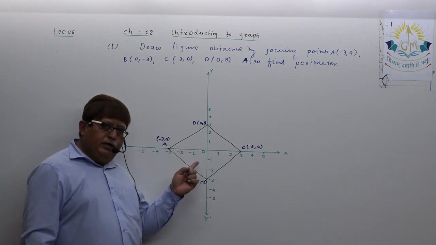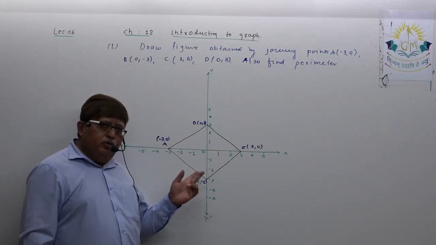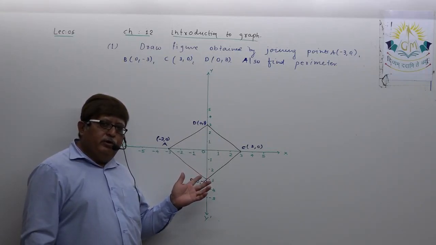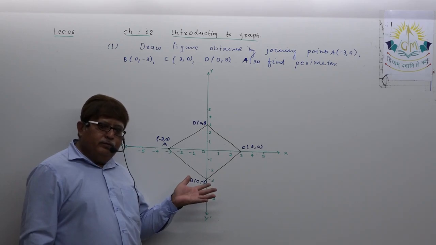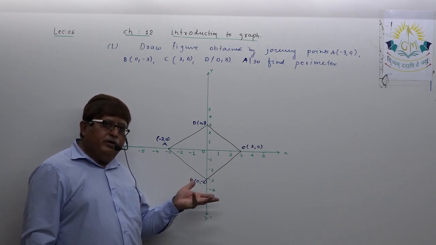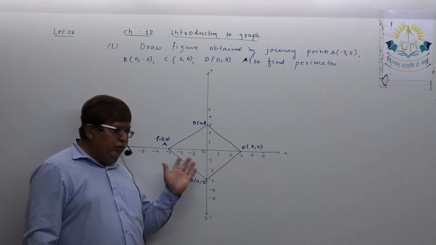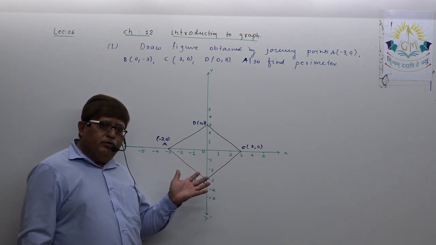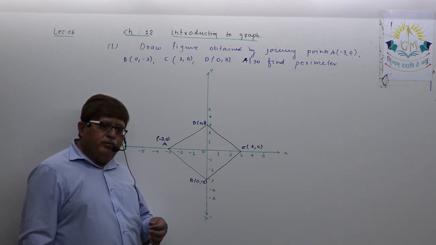So here you can say both types. Either you can say it is a rhombus or a kite, because rhombus and kite both look similar.